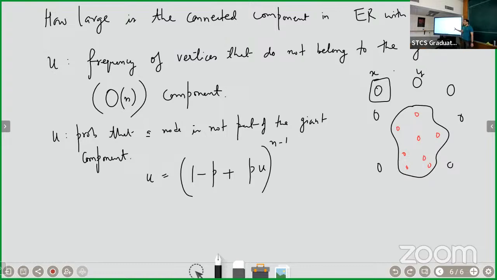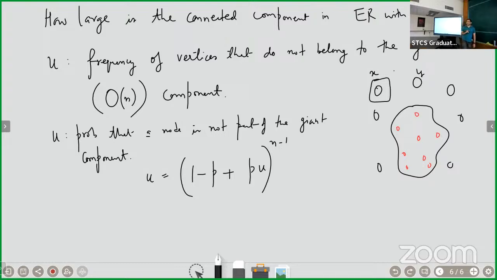So this is slightly handy. But these are not really independent events. This guy is not part of the giant component, this guy also is not part of the giant component. There are some correlations. But at a high level, this is what one can think of. Is this a reasonable relationship?